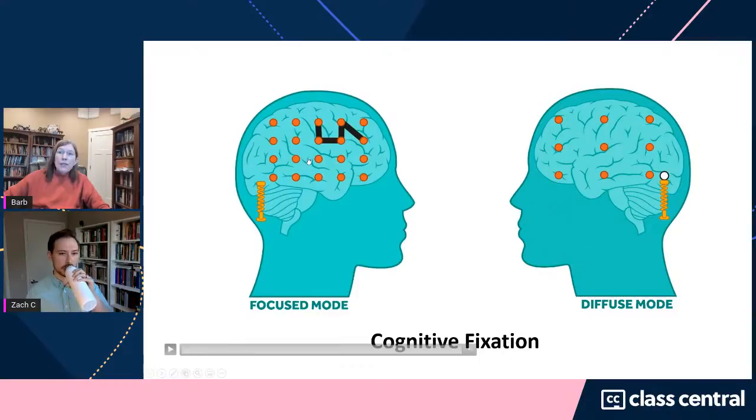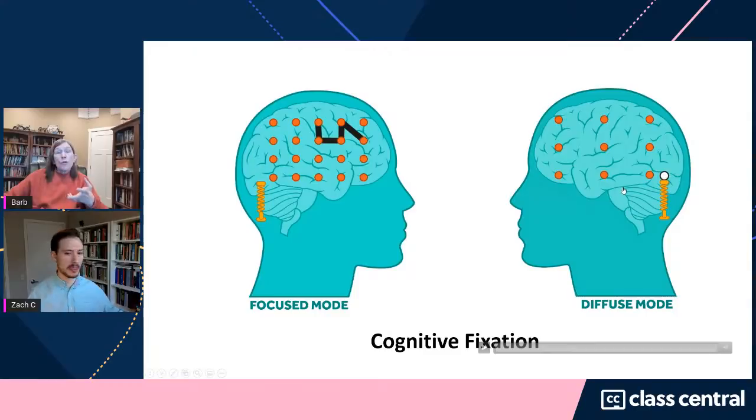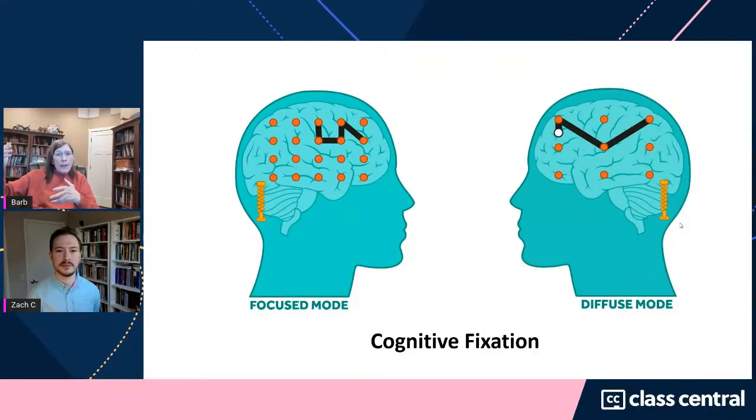Look at how different it is. Here in focus mode, we have close connections. In the default mode network, or diffuse mode, it's a much broader range of connections. So when we're thinking in this mode, our thoughts range much more widely.